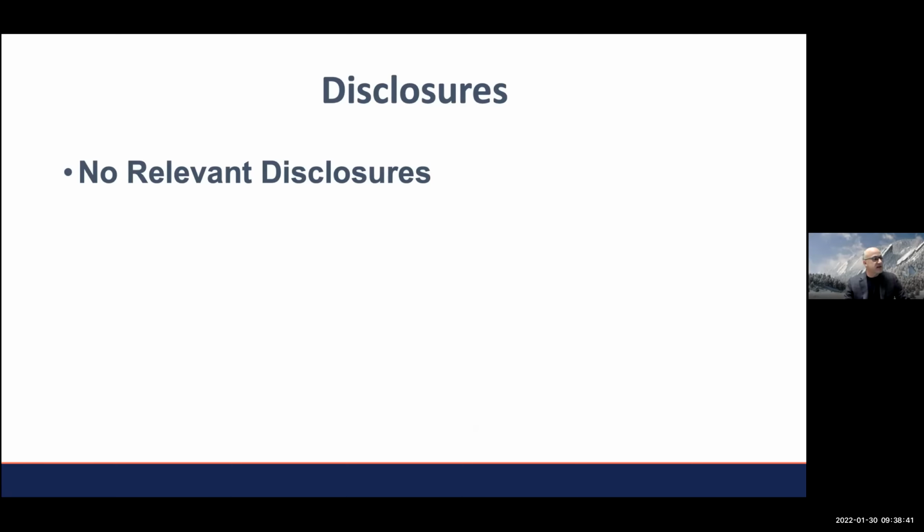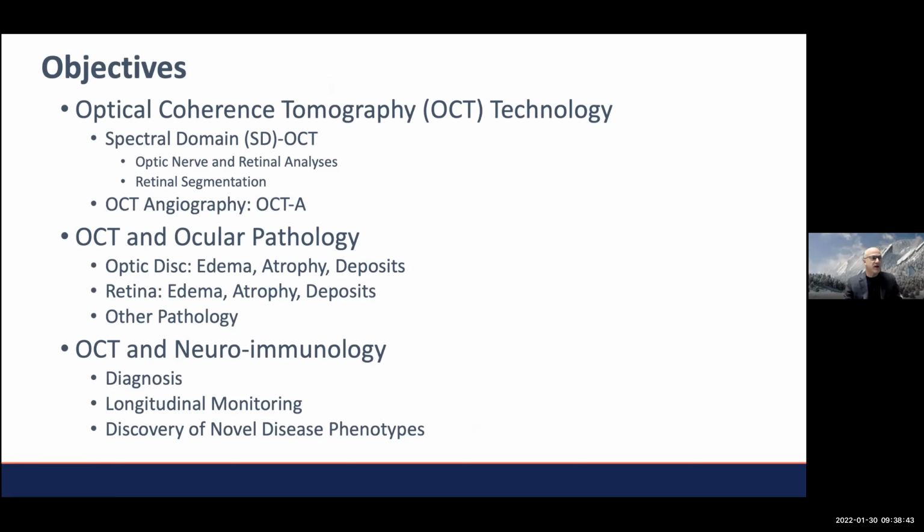First, no relevant disclosures, but in my lecture, I wanted to focus on three major goals regarding OCT and neuroimmunology.